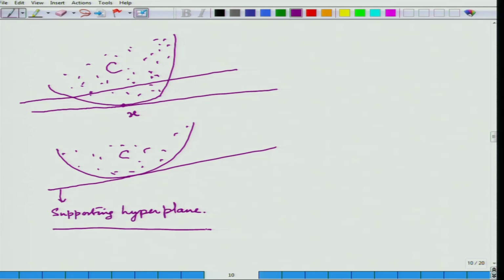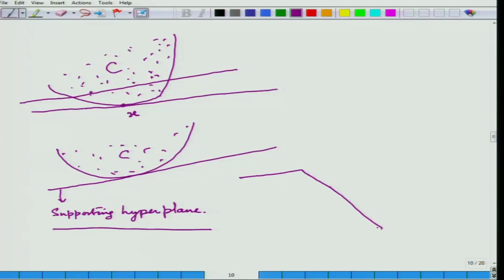So, what it says is that if you give me a closed set, then I can always have a supporting hyperplane. So, what is the idea behind this fact? The idea is as follows. If you have a closed set, you know this supporting hyperplane does not mean that it will touch only at one point. For example, here I can have this itself. So, suppose this is a convex set.